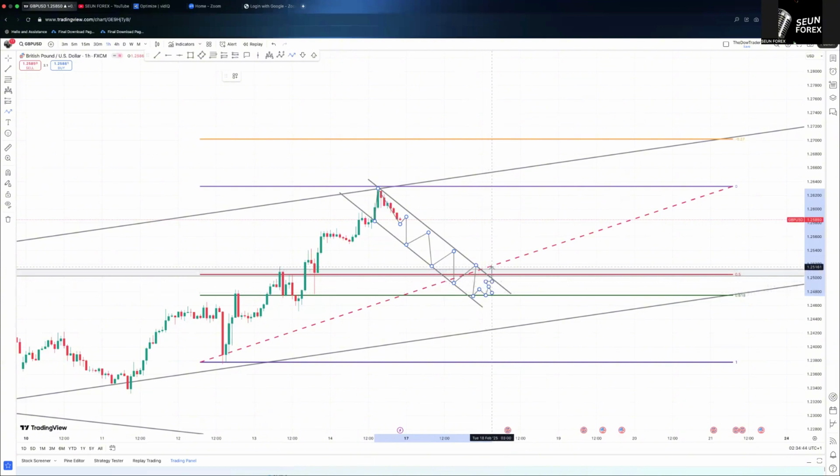Now, when the market breaks this trend line and retests, that is massive, because this structure must be broken first. Because if this structure is not breaking, it simply means that the market will continue lower high and lower low. So this structure must be broken first.